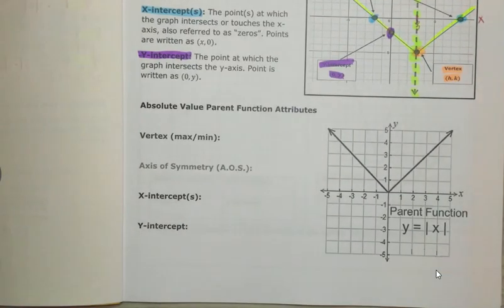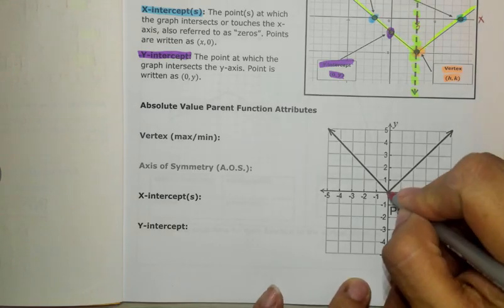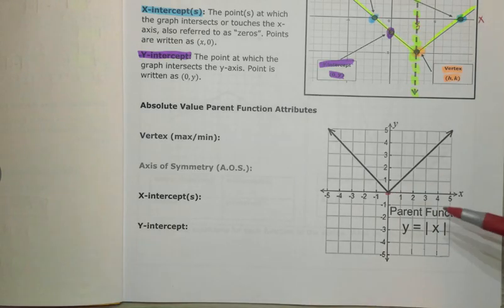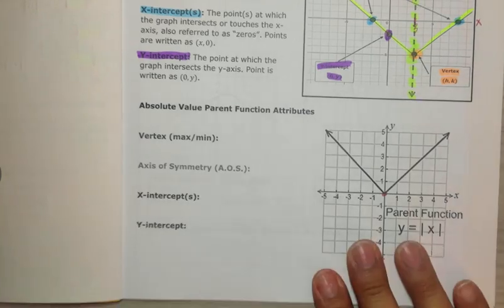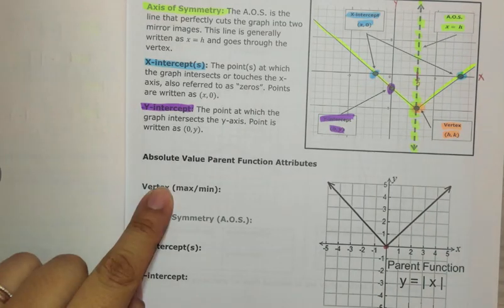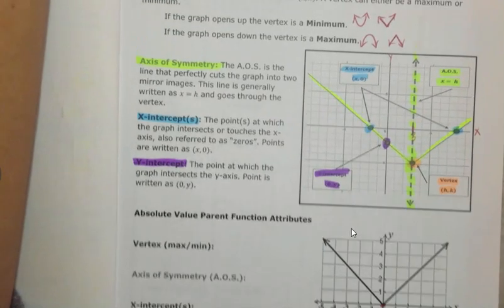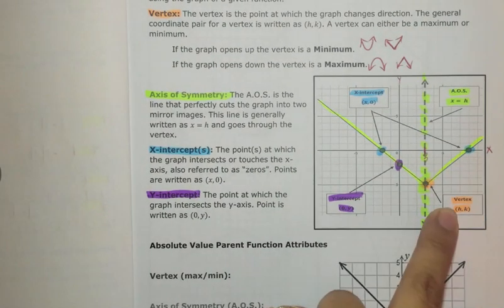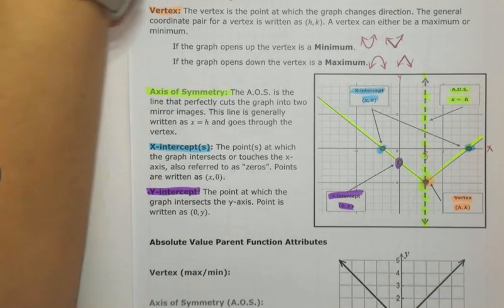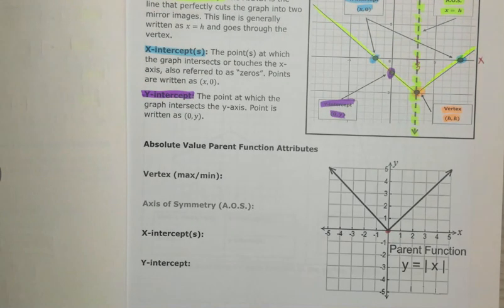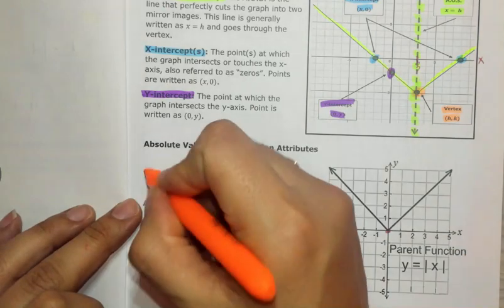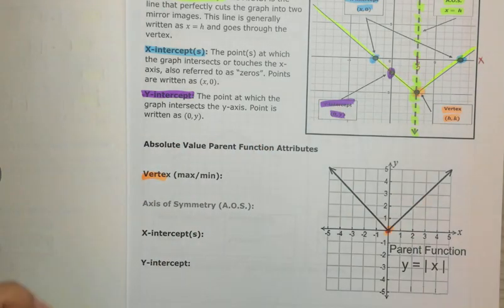Here is the parent function. The parent function is, again, just a V touching at 0, 0 on the origin. But now let's identify it with the attributes. So again, the vertex in this case will be the point 0, 0.